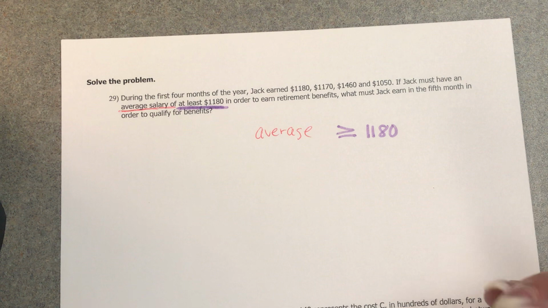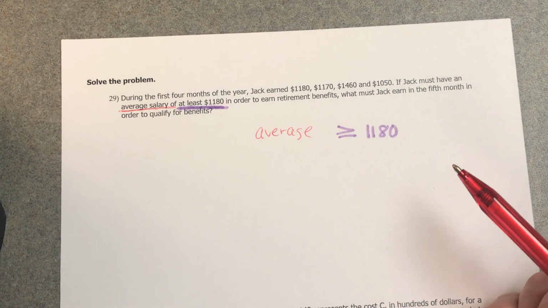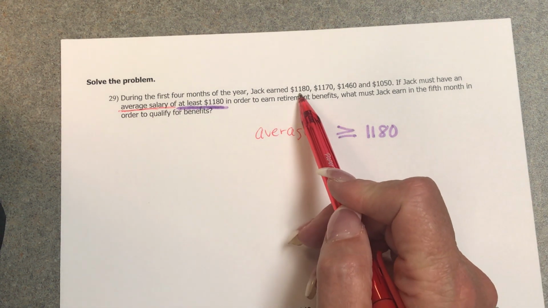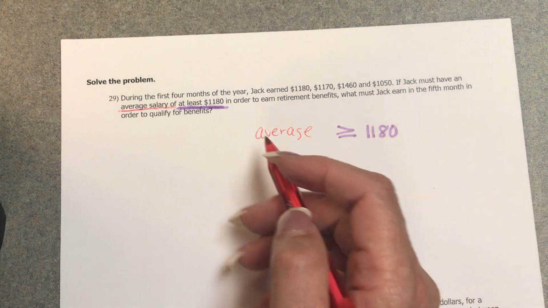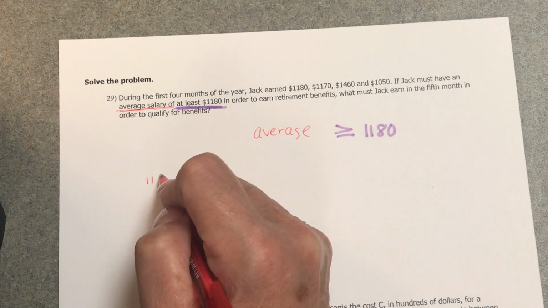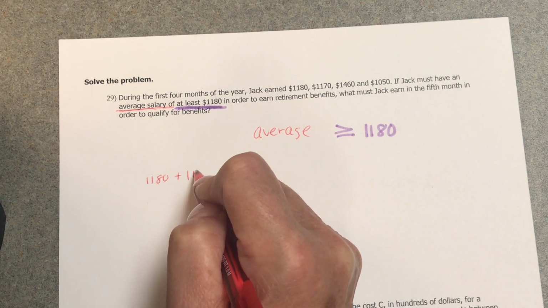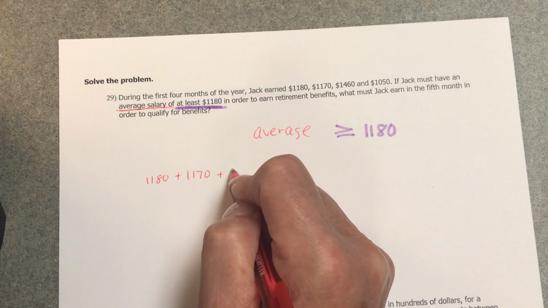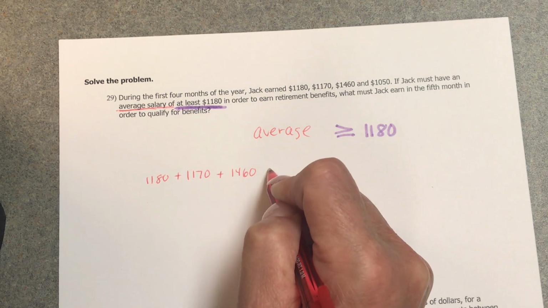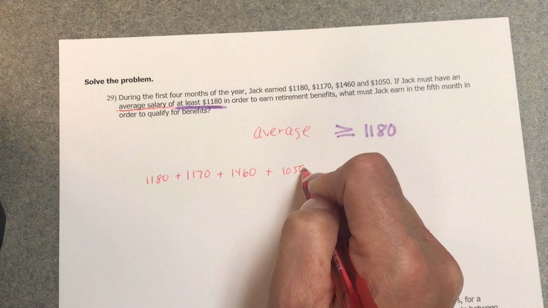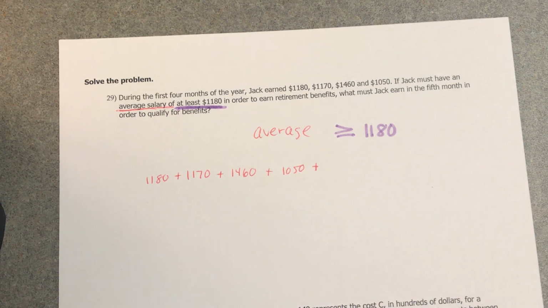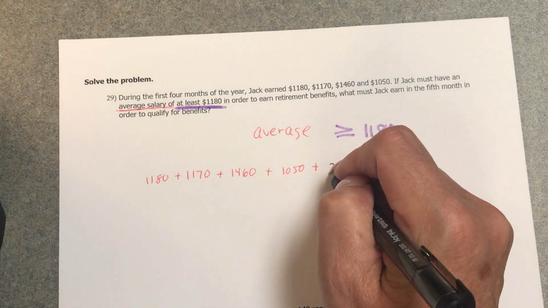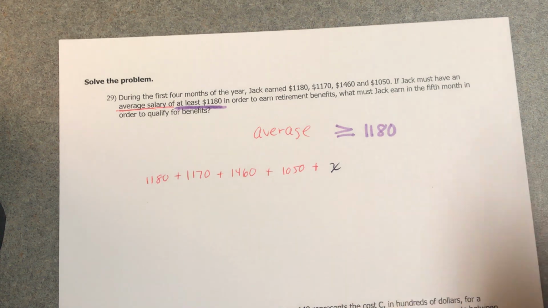An average is just adding up all your numbers and dividing by the number of numbers. So he had these 4 earnings, 1180 plus 1170 plus 1460 plus 1050 plus whatever he gets for the 5th month.